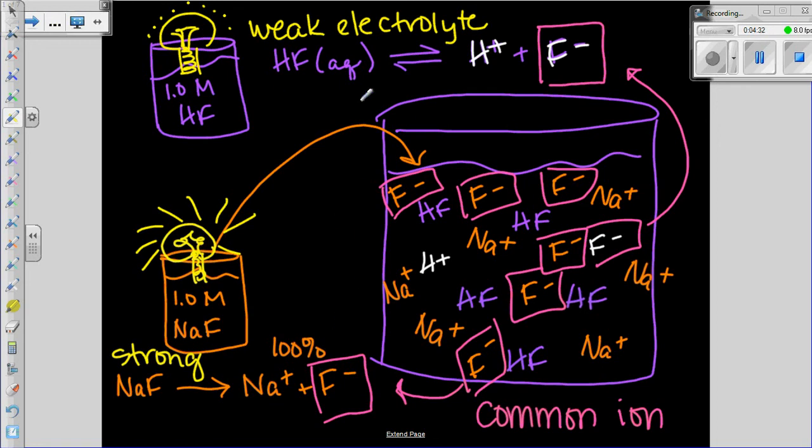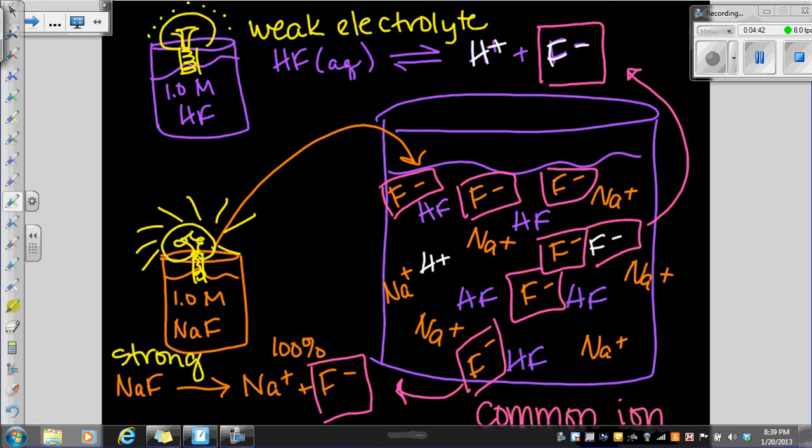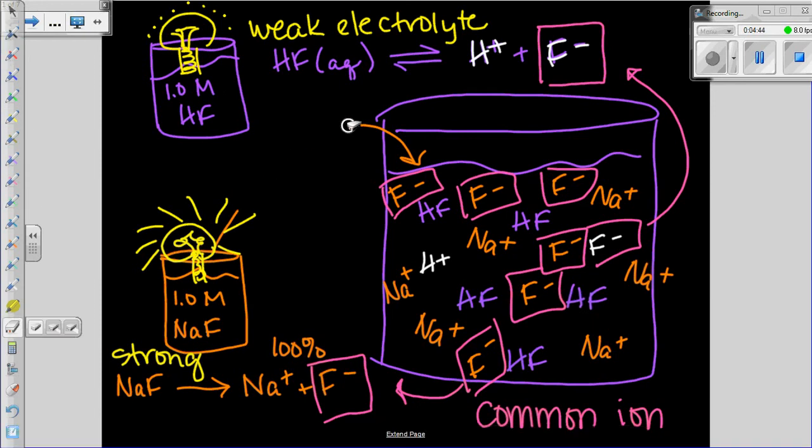So what we want to do is look at this dissociation reaction for the weak electrolyte, if we only had this, which is what I had drawn in the first example. Let me get rid of this arrow because you already know I added it. Let me sketch this HF solution one more time.